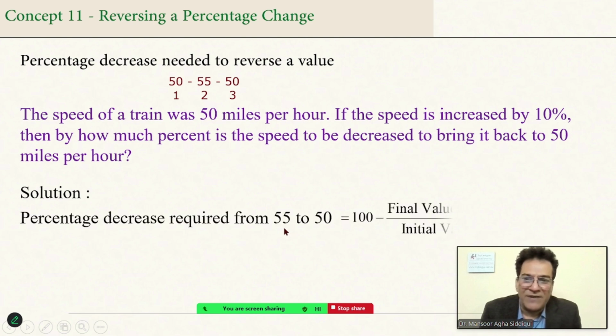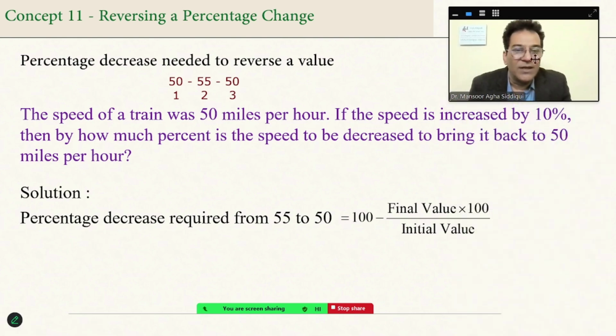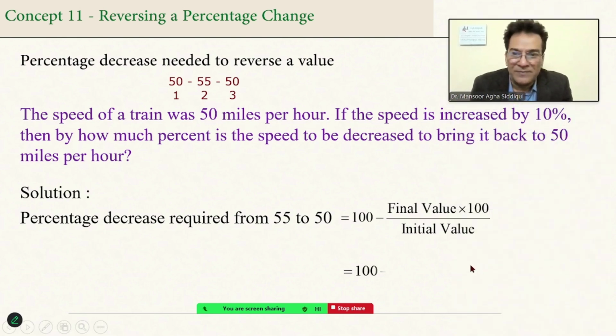The solution is that we need to do a percentage decrease from 55 to 50. From this 55, the second value, to the third value, which is 50. So final value, remember, is 50. Initial value is 55. This is initial value. This is final value. So when I substitute the values in the equation, then what will I end up getting?